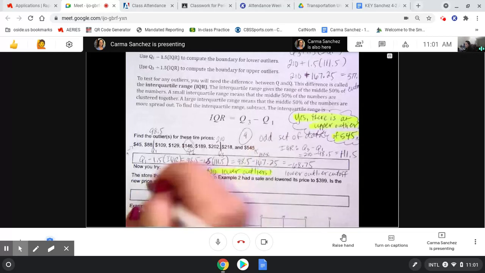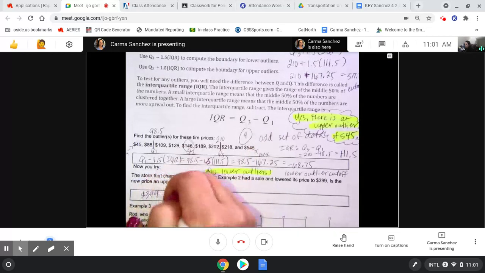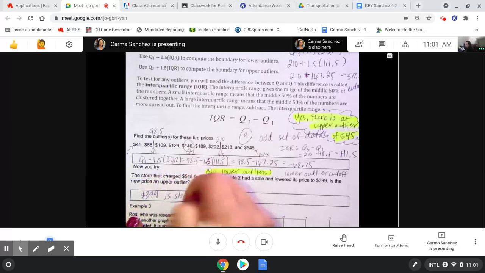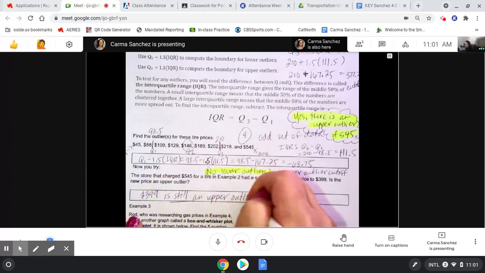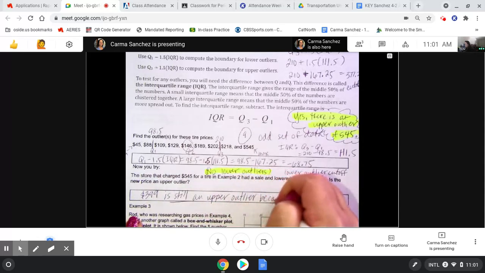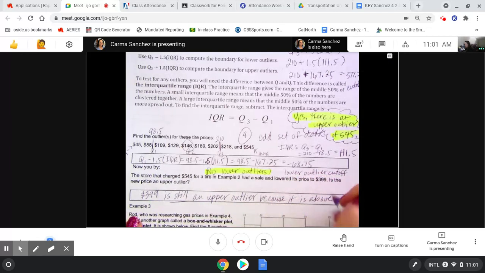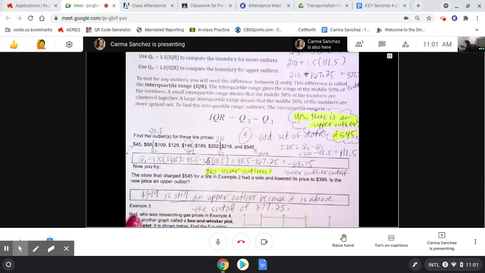And we're going to say $3.99 is still an upper outlier because it is above the cutoff of 377.25. Does that make sense? So 399 is still an upper outlier.